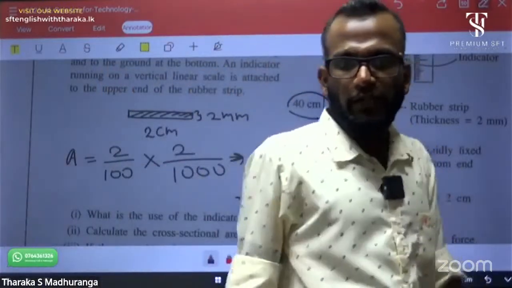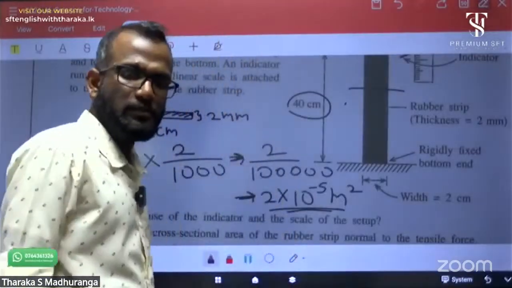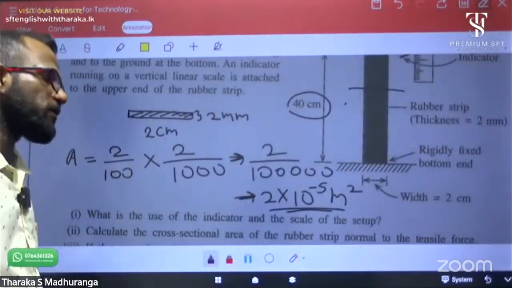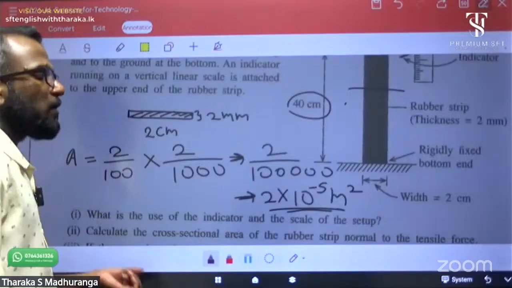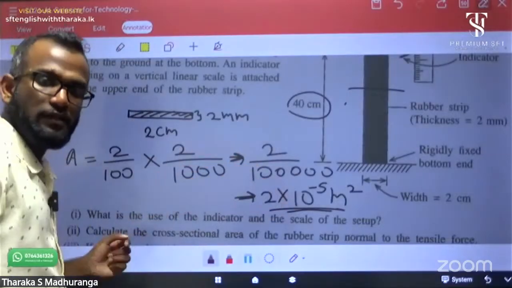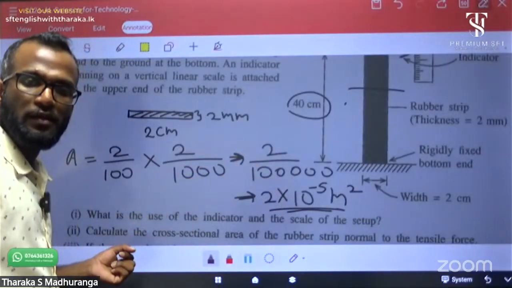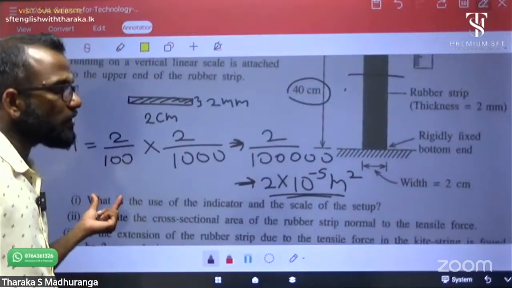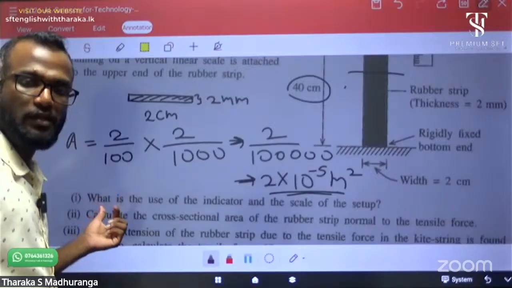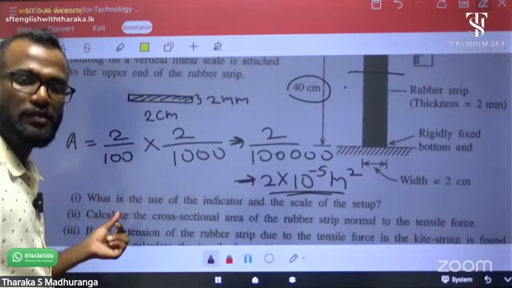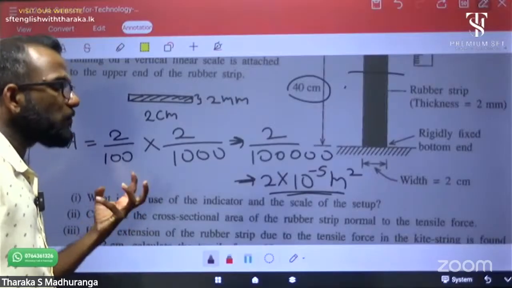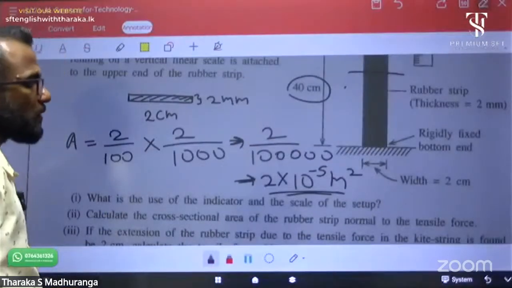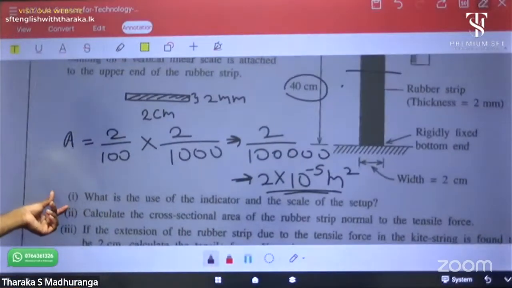It is in standard unit. Now you have to convert into standard unit. Square meter is the area standard unit.